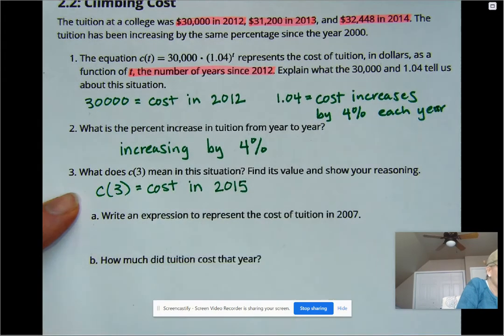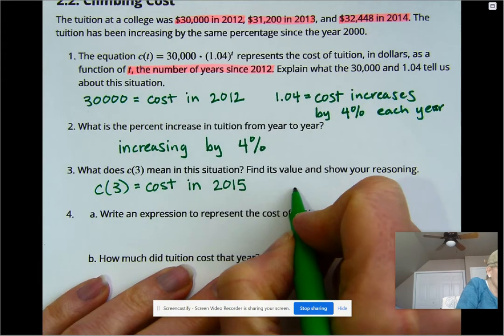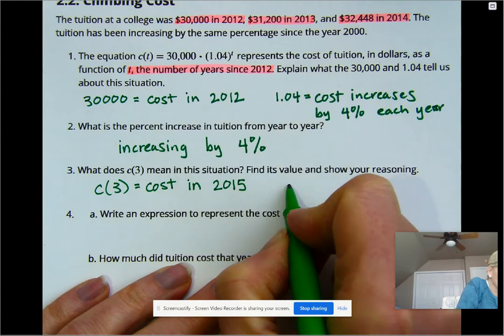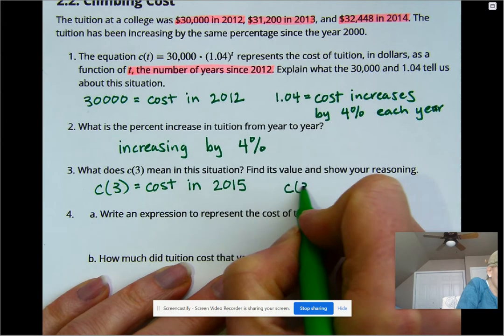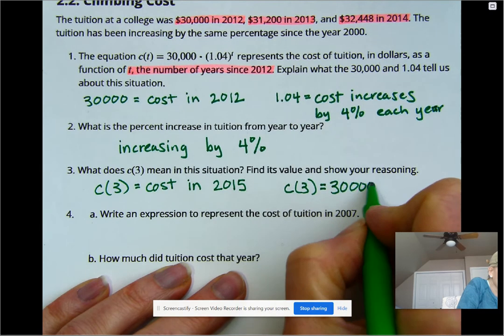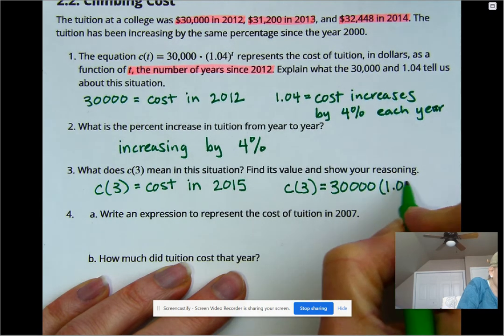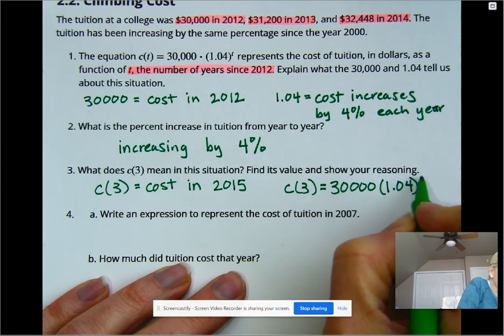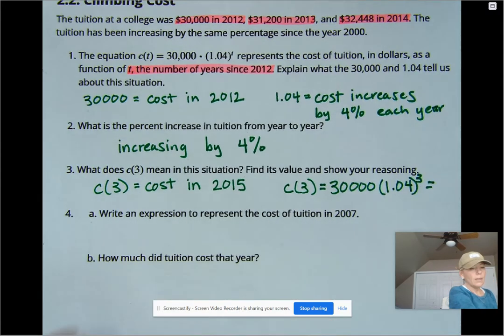And we can calculate C of 3 using the equation. So 30,000 times 1.04 to the third. And get my calculator.